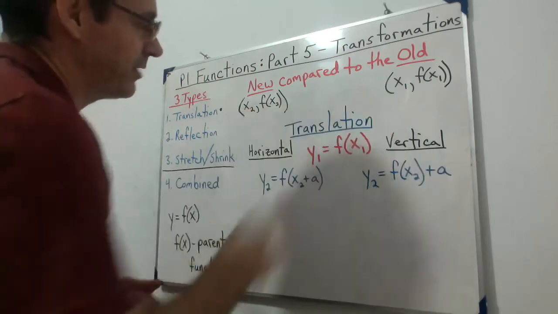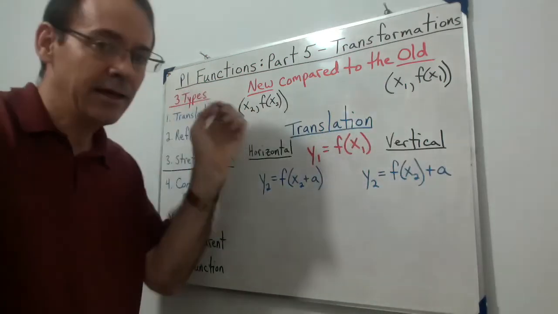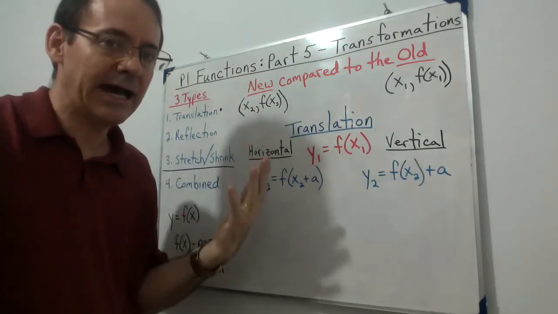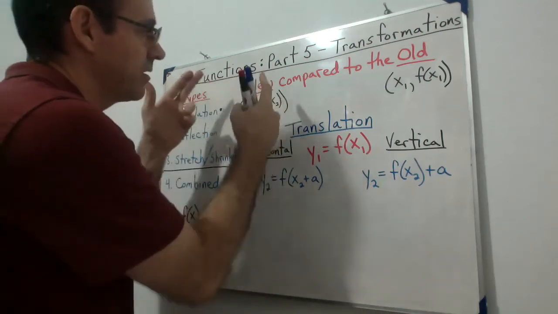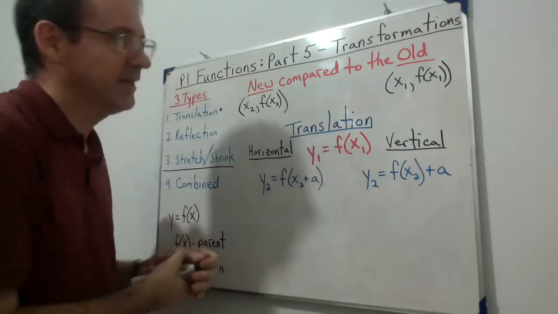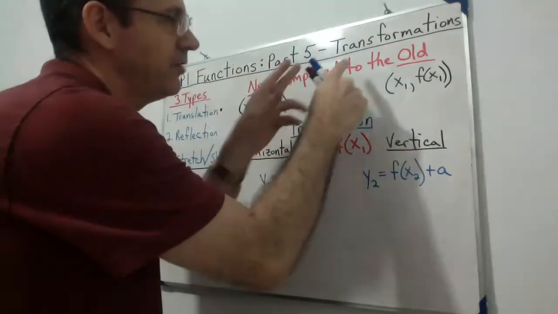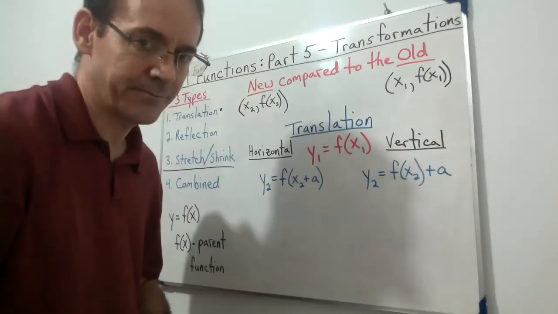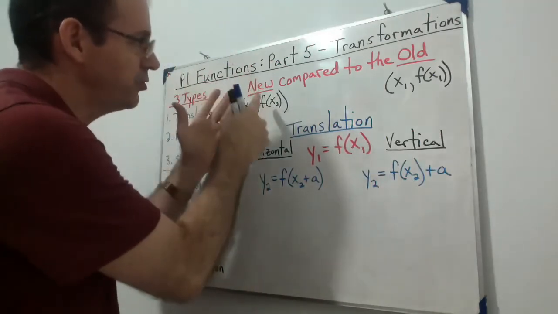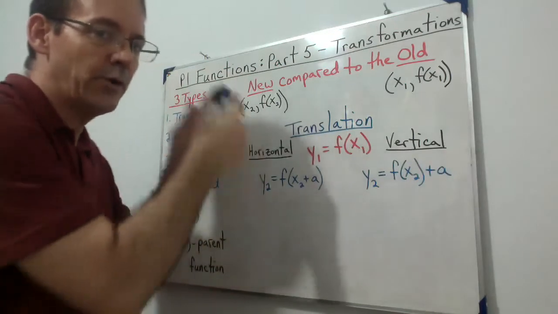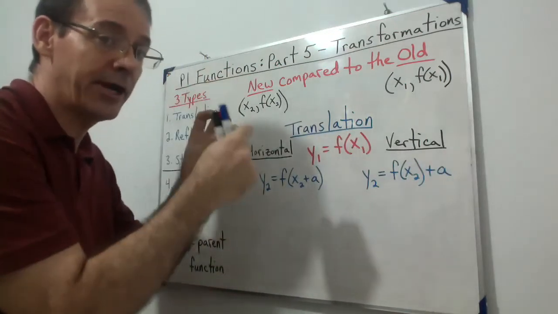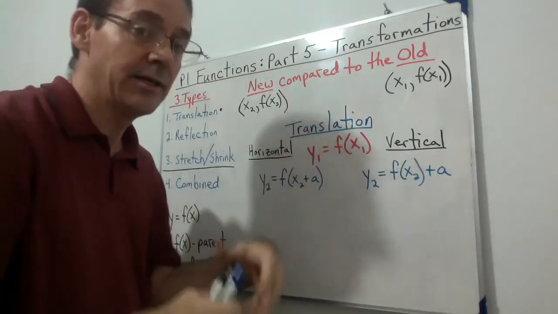So here we're on translation. Now this is my rule of thumb, or my guide to help you. Take the new function and compare it to the old function, okay? Take the new and compare it to the old. How is the new one compared to what the old one looked like?